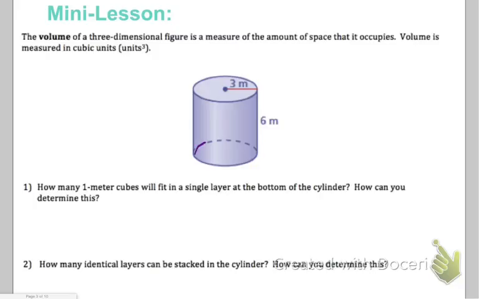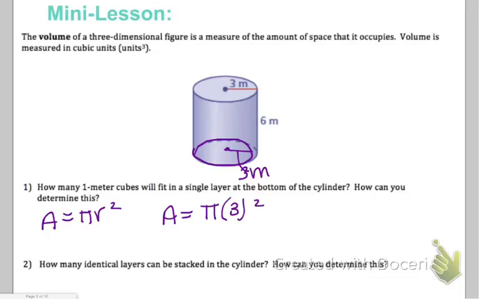So if we have this cylinder and it has a circle with a radius of 3 as both bases, to find the area of that circle, we're going to multiply pi by the radius squared. So the area would be equal to pi times 3 squared. So we're going to substitute this entire expression into our calculator.